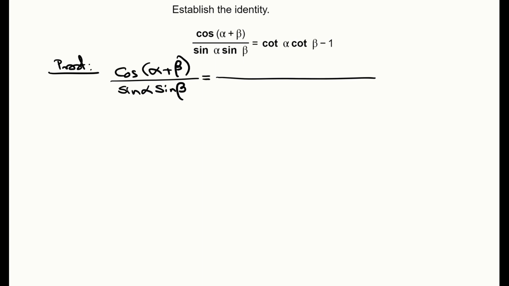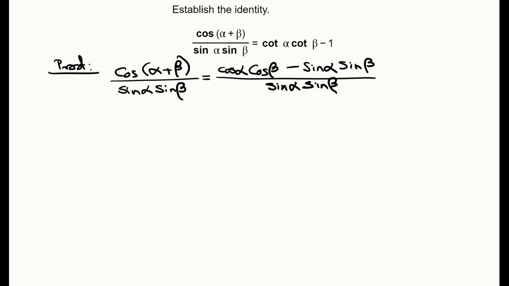that's a sum identity for cosine, so it's going to be cosine alpha cosine beta minus sine alpha sine beta over, we have sine alpha sine beta, which we're just carrying.